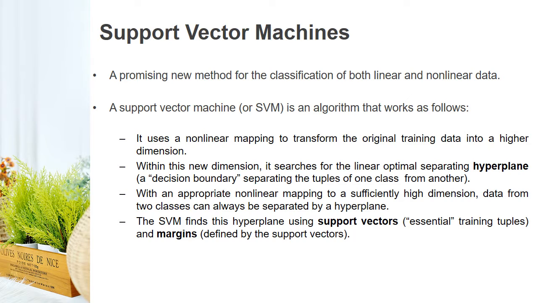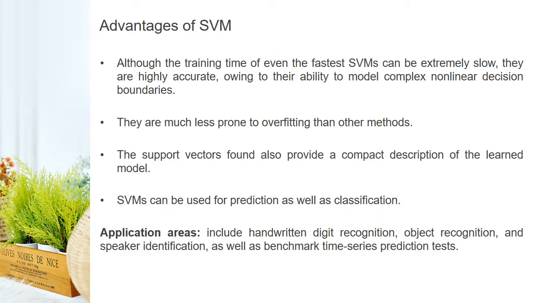It's a new concept. We want to understand what you mean by support vectors and what is a hyperplane. Support vectors are essential training tuples, and the margins are defined by the support vectors. We will see all this.